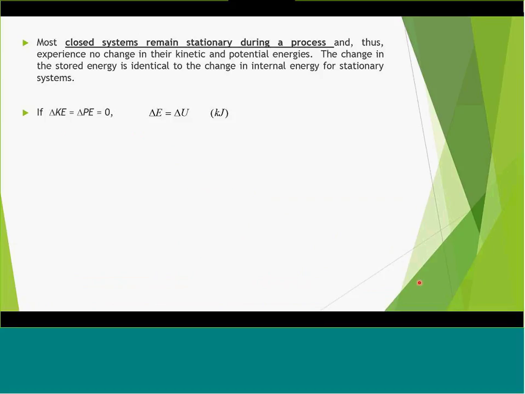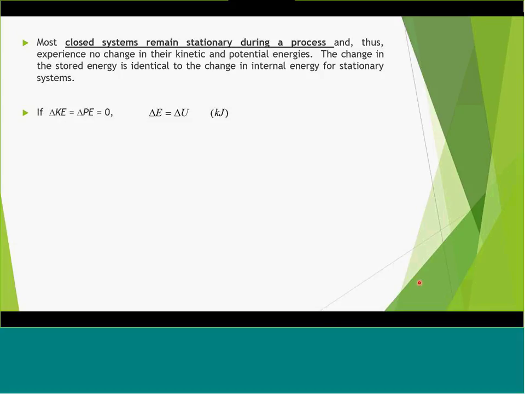Now, most systems remain stationary during the process. So that's why I said initially thermodynamics is more focused on the classical theory, but when we go to the efficiency level and everything, we need to consider most of the particles that move freely, and the kinetic parts.